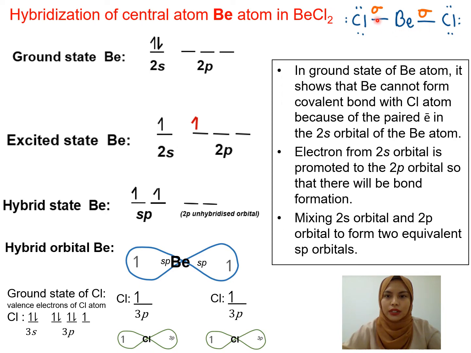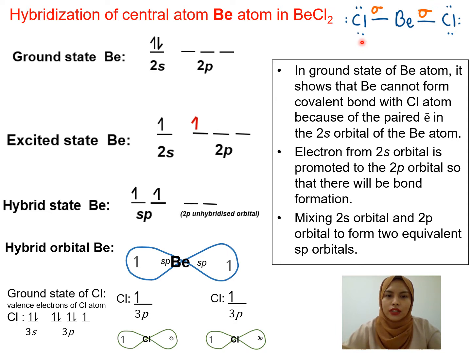So dia akan buat 2 single bond, 2 sigma bond bersama Cl. So bila dia nak buat sigma bond tu, therefore Be memerlukan 2 single electron supaya dia boleh overlapkan that single electron bersama single electron di valence electron Cl.